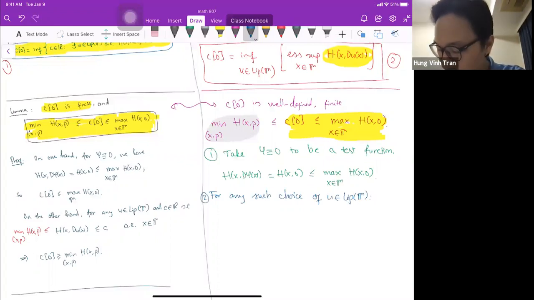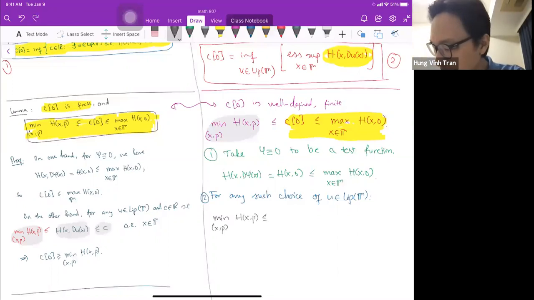So the Hamiltonian is defined almost everywhere, and at the points where it is defined, it's always greater than or equal to the minimum value, and clearly this has to be less than or equal to C. C here can also be rewritten as, let me write here, the mean over all possible x of h of x, p.